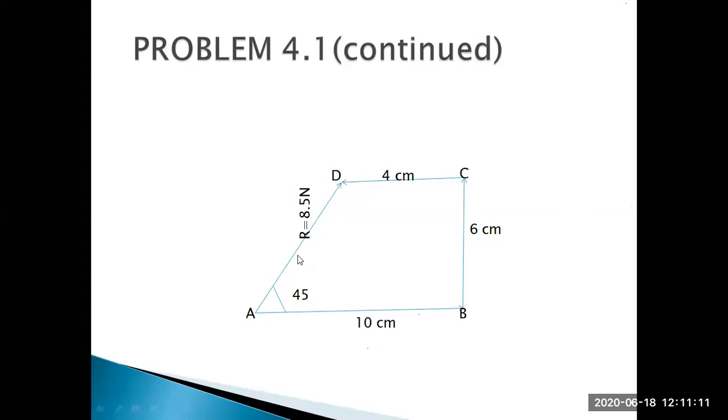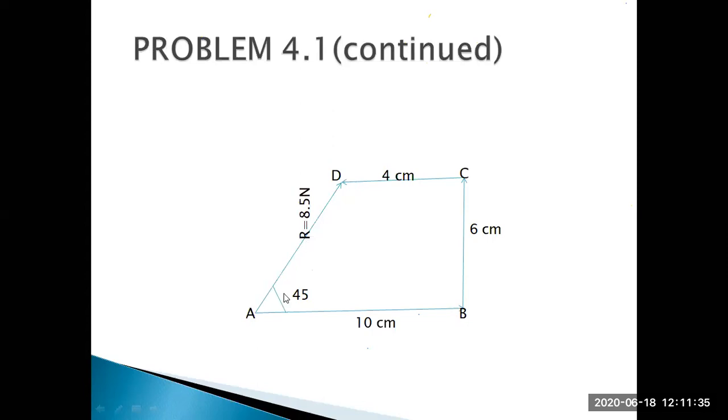If you measure the length of AD with the help of the scale, it will come to 8.5 centimeters. So 8.5 centimeter is equal to 8.5 Newton.